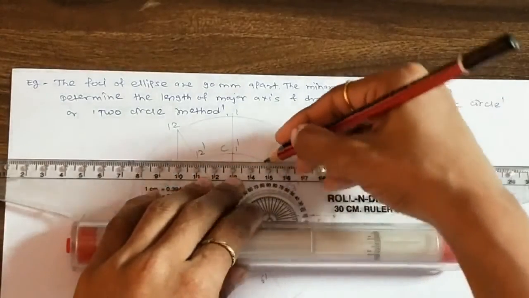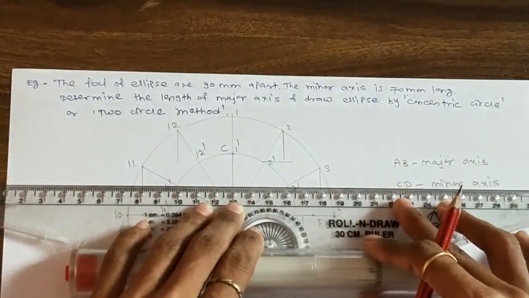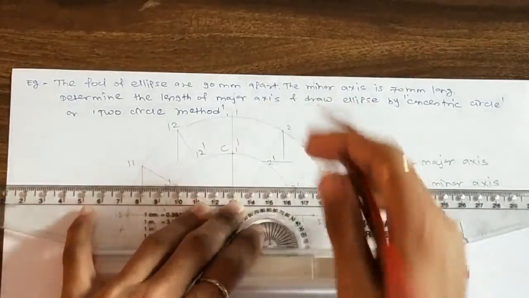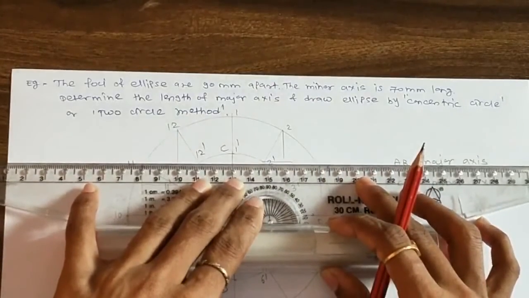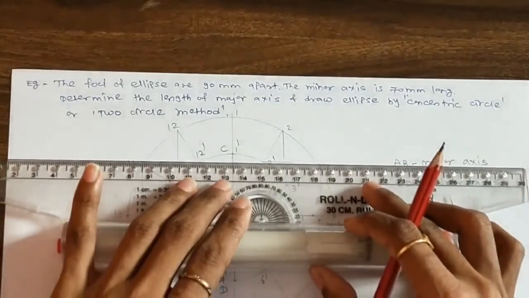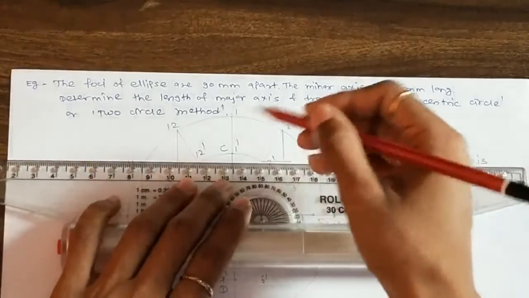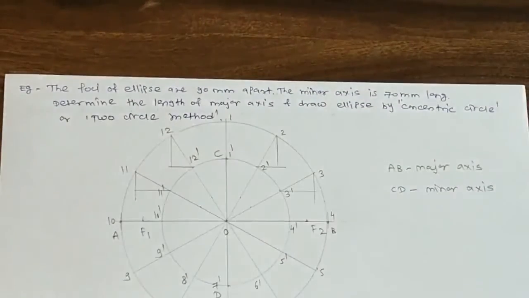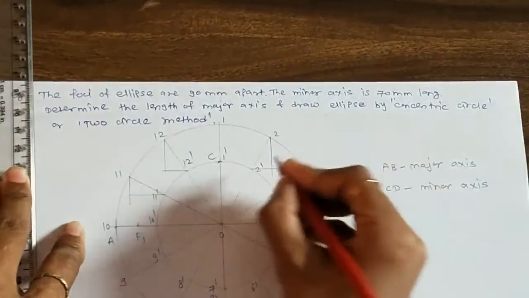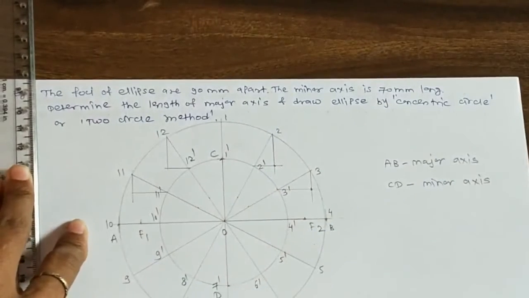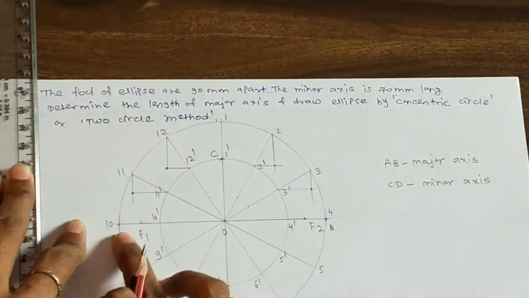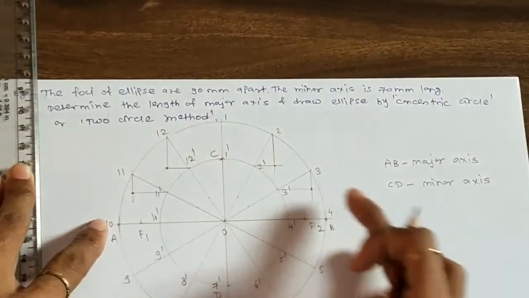So from 2 dash, from 3 dash, from 11 dash, from 12 dash, we have got point C, 2 dash, this is point, so we have got 7 points.